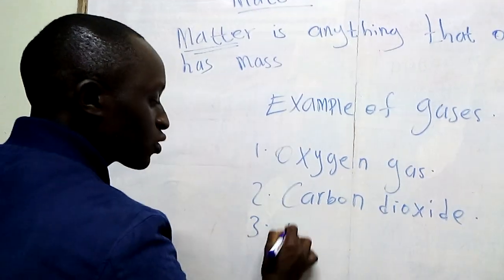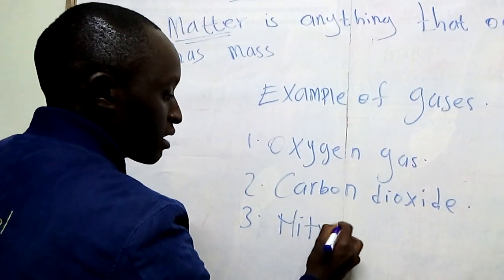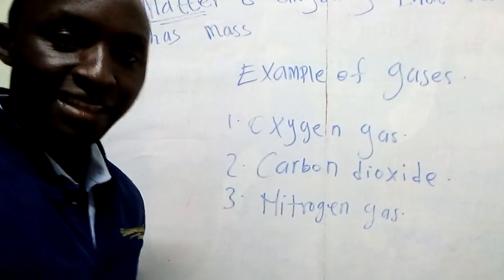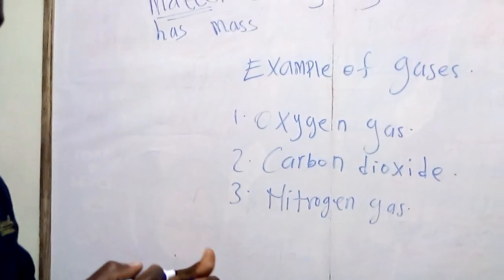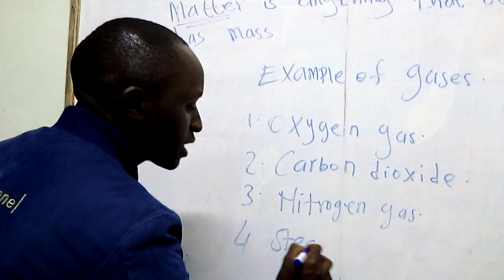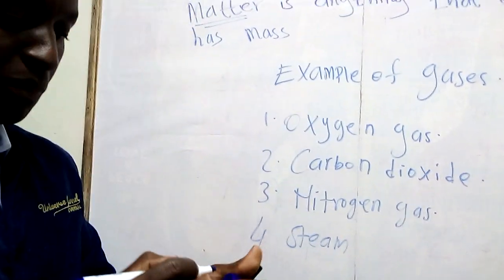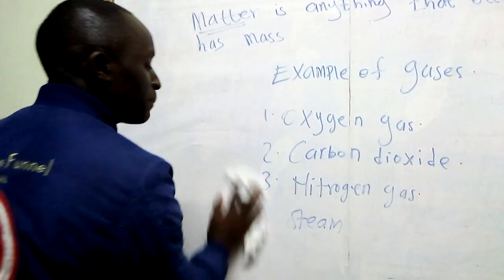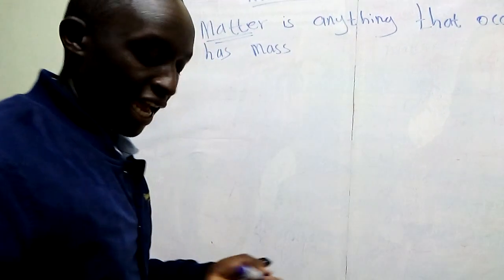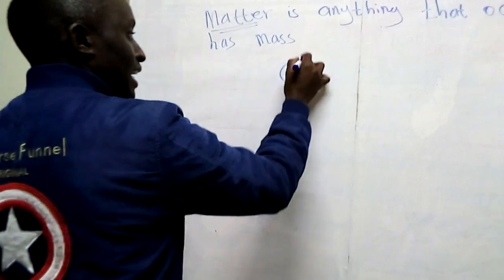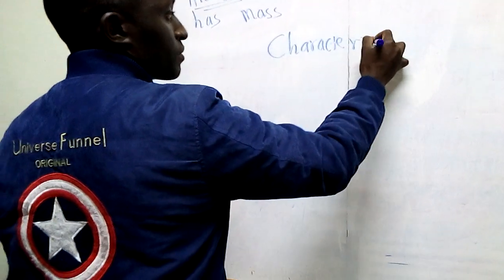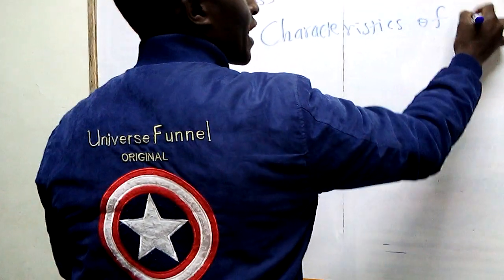You can talk of nitrogen gas. This is mainly found in plants. Therefore, these are just examples of gases. You can talk of steam. Steam is also a gas, or water vapor. Then, lastly, I'm going to discuss characteristics of gases.